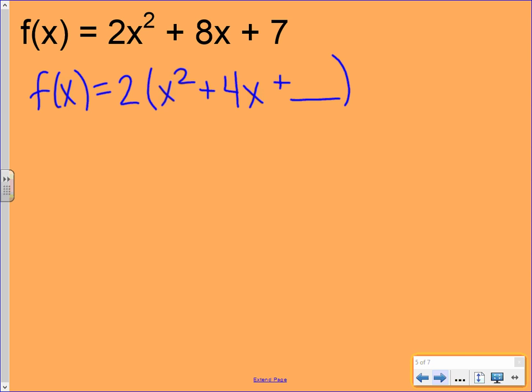But if we close the parentheses, we can still keep this as a plus 7. That way we don't have to worry about factoring that 2 out of the 7. We know we're going to need a plus k, so let's just leave it outside of the parentheses. That way it's not affected by factoring out the 2.